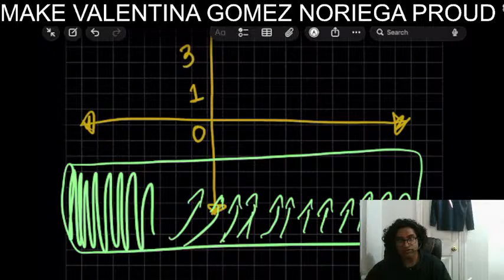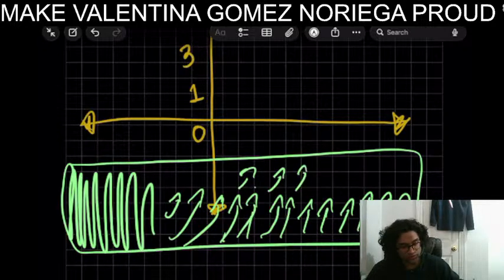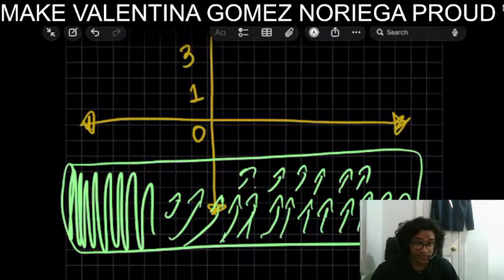If I were to pick minus 2, I'm going to get a positive value. Minus 3, positive. Minus 4, minus 5, minus 6, positive, and so on and so forth. Because anything less than 0 gives a positive value, my arrow will go upward. So that is for less than 0.